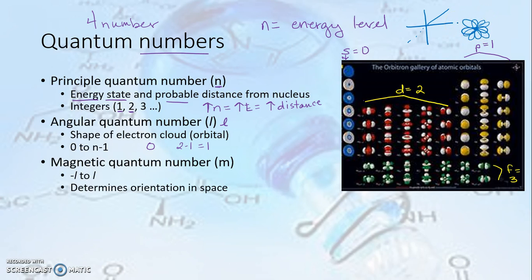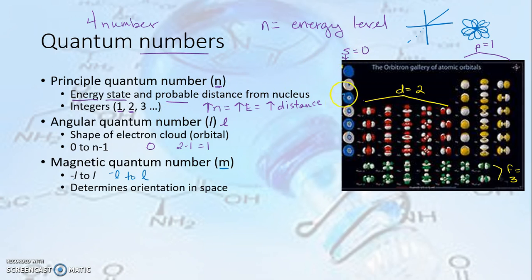Okay, then our next is our magnetic quantum number. We label that m, and it can have a negative L value to a positive L value. So it can be anywhere between whatever your quantum number is to the negative quantum number.